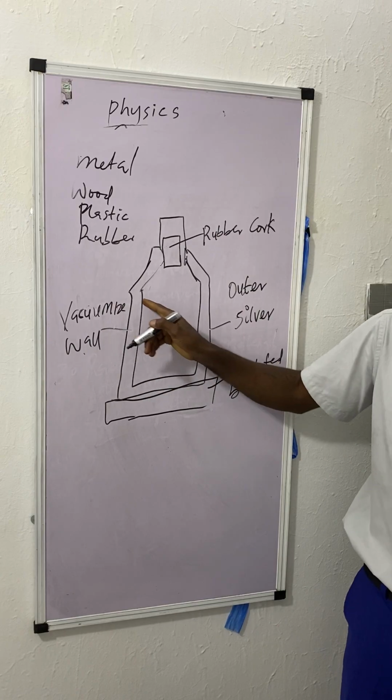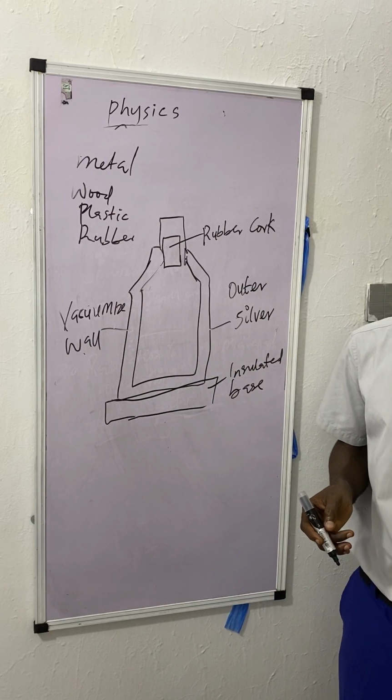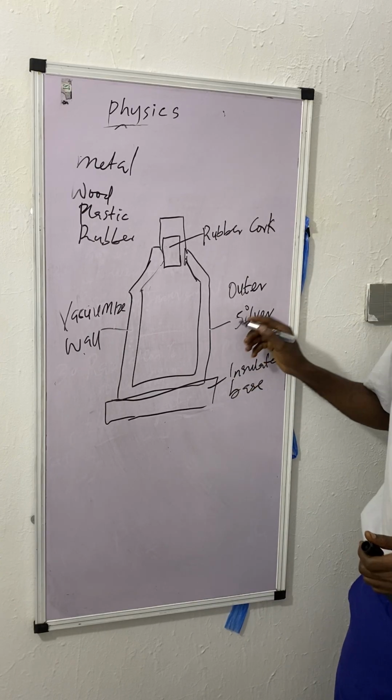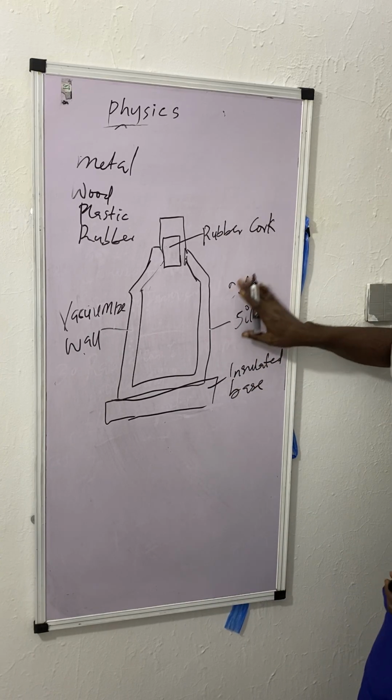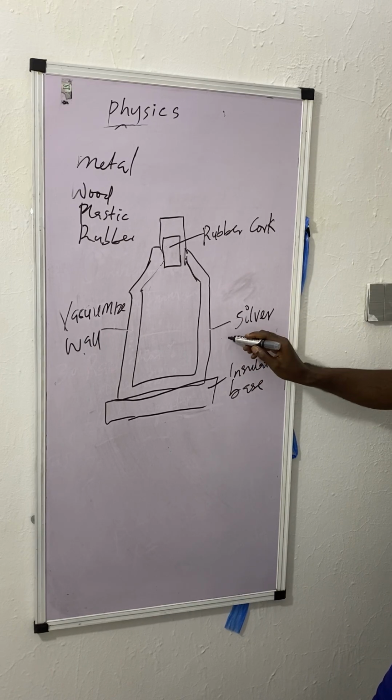Also, it has a double layer wall. That's why I put the double layer here. Then severed surfaces. Let's just put it as severed surfaces. It might be outer or inner.